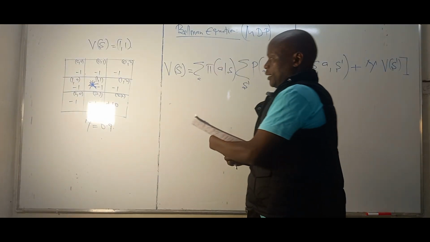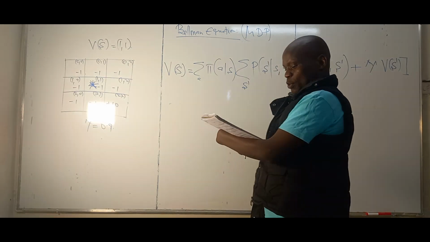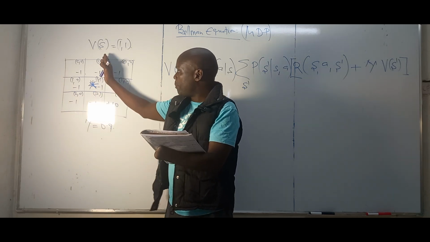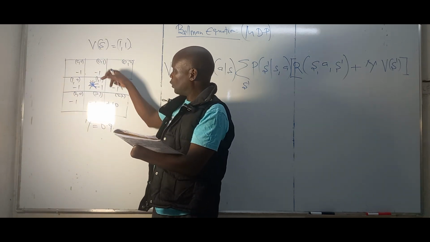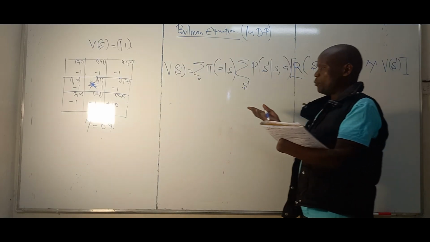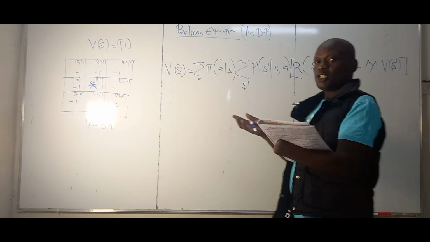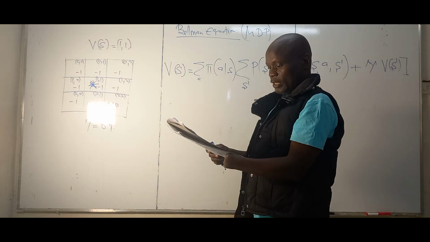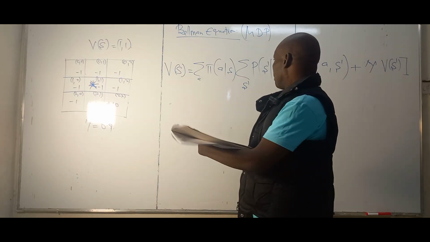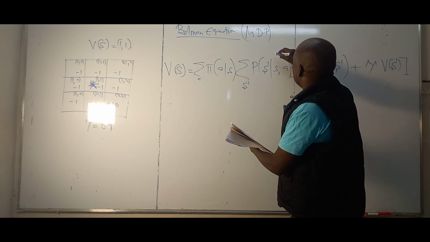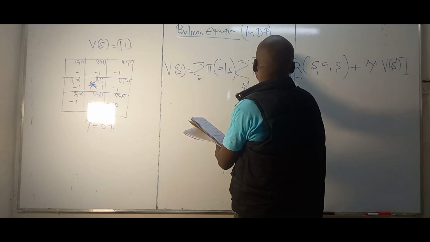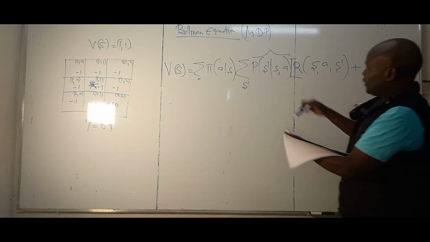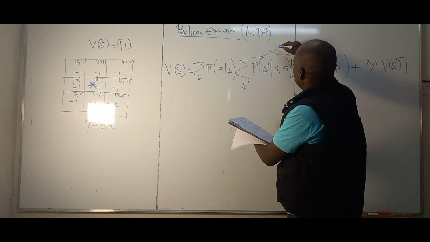If we are standing at node 1,1, you can only go up, left, right, or come down. Those are the 4 possibilities with equal probabilities, which means each has a chance of a quarter. Since the transitions are uniform, this part of the equation will be a quarter.